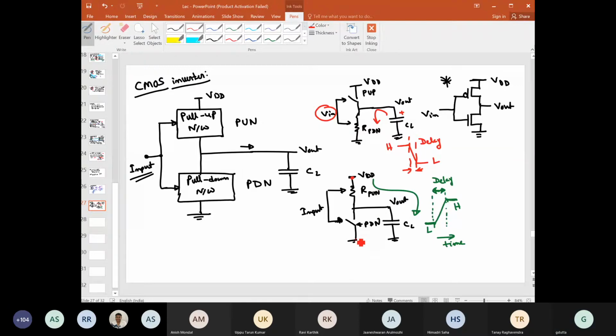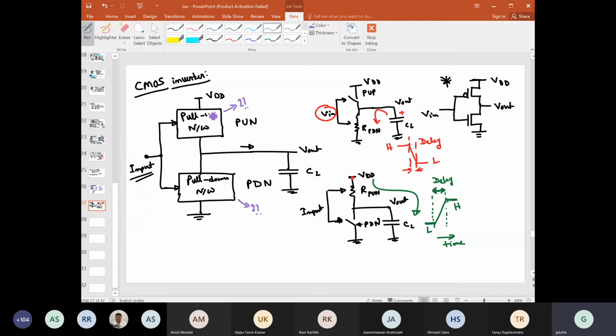Right. Now, here comes another thing. Like now this pull up network and this pull down network, right? Then what should we use as a pull up network? Which transistor should we use? And which transistor should we use for this pull down network? Right. Because we have seen that if we have to give control from this input to both, then this pull up cannot be a resistor.